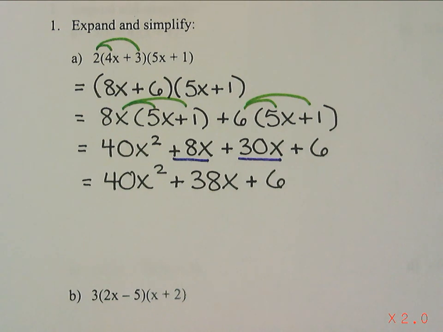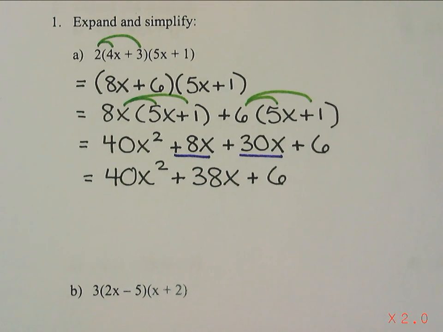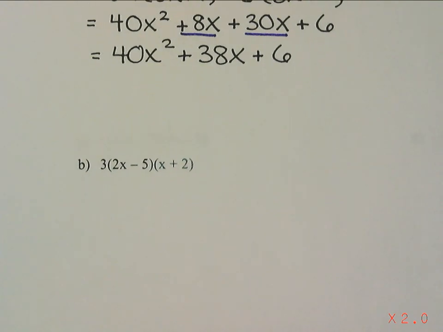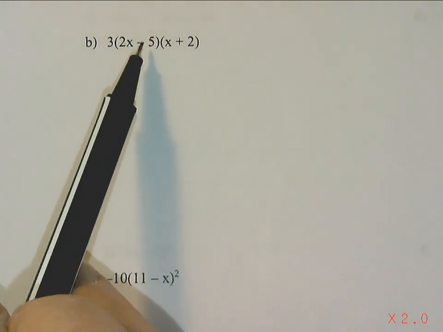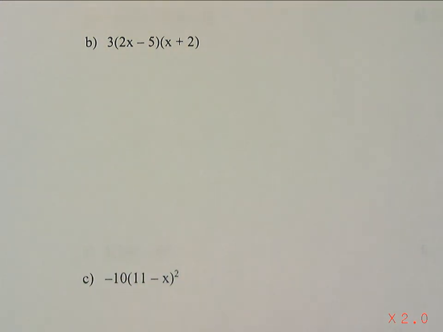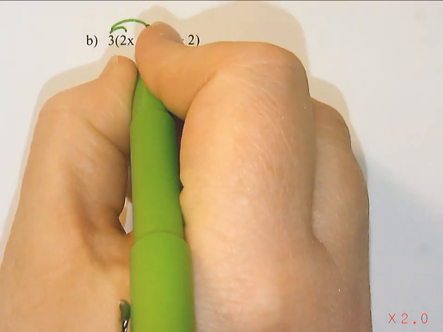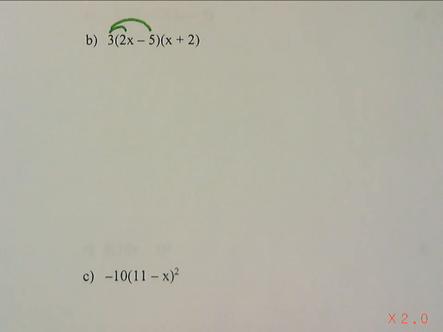All right, let's try the next one underneath that. We have 3 times (2x - 5)(x + 2). So same thing as last time. I have the two brackets and then I have a number out front. So I am going to start by multiplying that 3 into that first bracket.